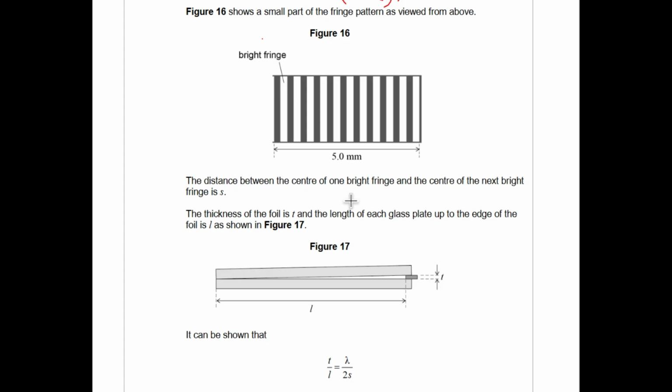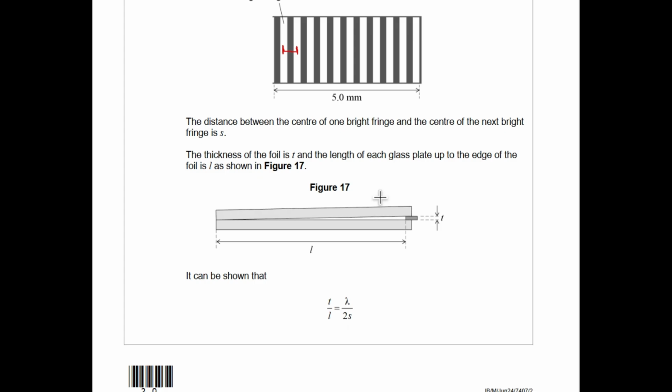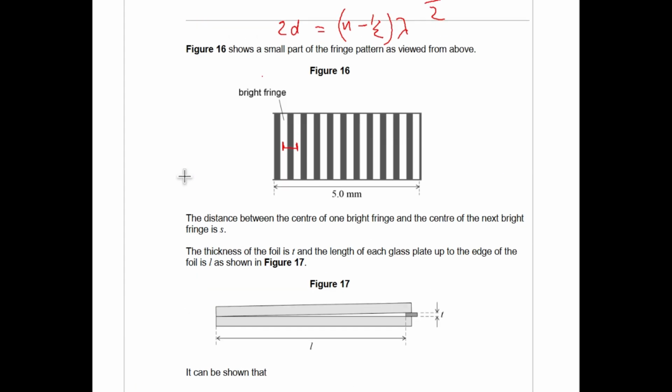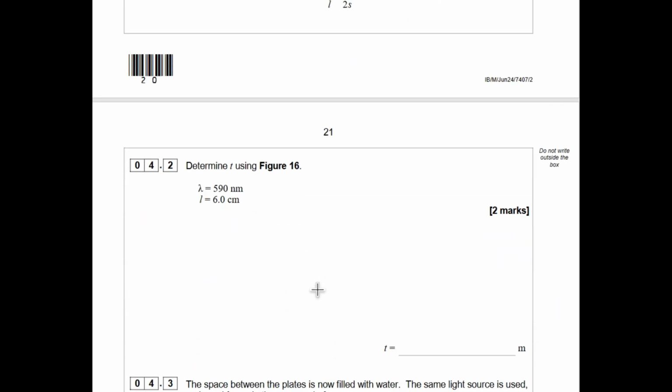The distance between the center of one bright fringe and the center of the next bright fringe is S. So they're telling you the distance from there to there is equal to S. The thickness of the foil is T, and the length of each glass plate up to the edge of the foil is L. It can be shown that T over L is lambda over 2S. Determine T using figure 16.